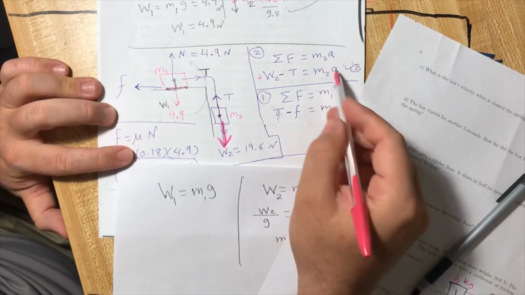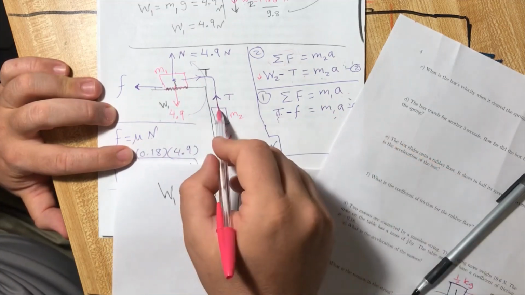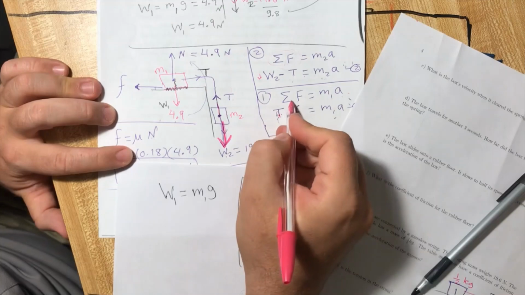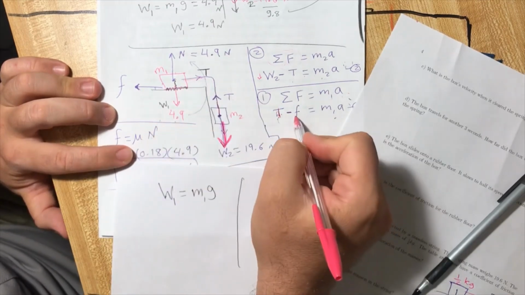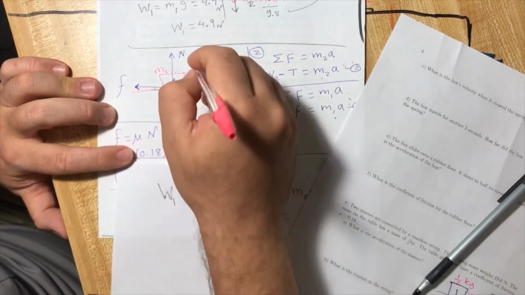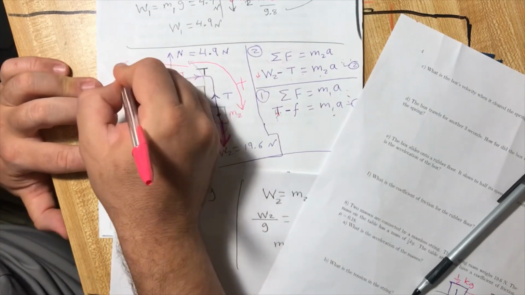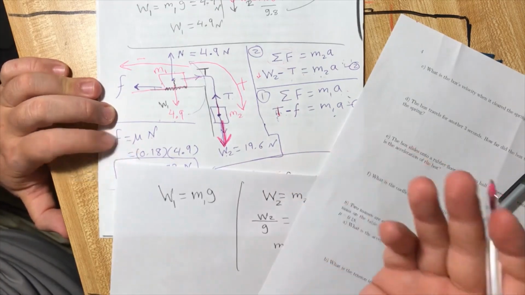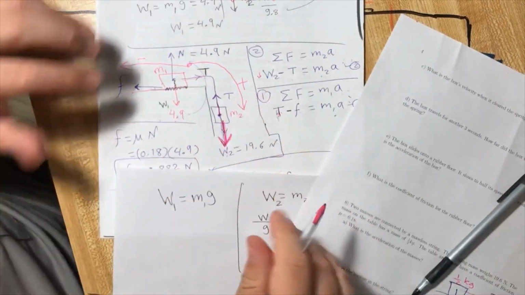The acceleration is the same for the whole system because they are connected by a string. The tension force is in this direction, positive, and the friction force is in the opposite direction, negative. It's okay because I can find everything if I force myself to choose these directions.